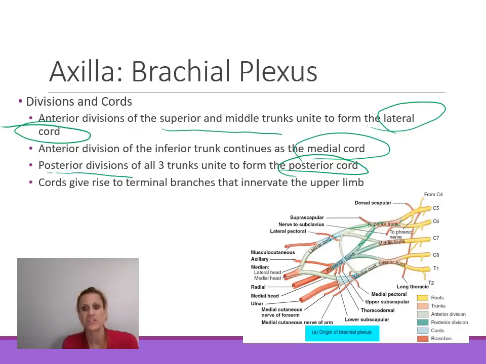So the cords are just named according to whether they are lateral, medial, or posterior to it. Again, the cords are shown in blue here. So the lateral cord, the posterior cord, and the medial cord. The cords then give rise to the terminal branches, right? The terminal nerves that then go innervate different parts of the upper limb.